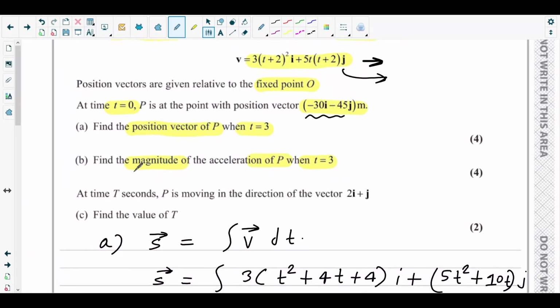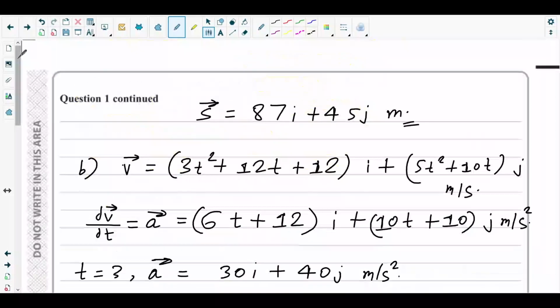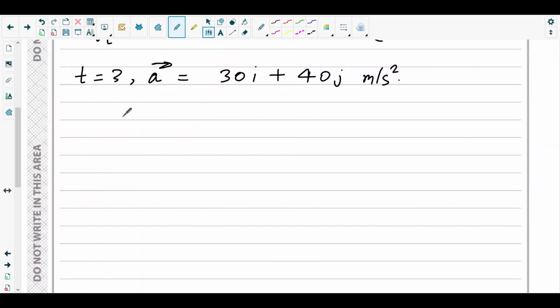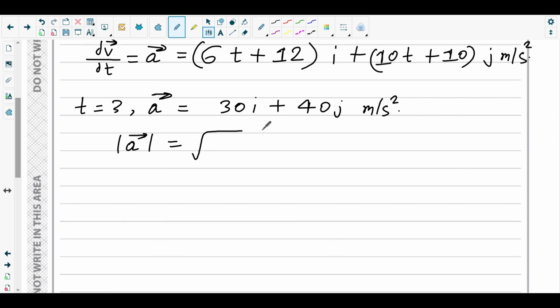Now the question is asking for the magnitude. So magnitude is just finding the modulus of the vector, right? The modulus of the acceleration vector is basically using the Pythagoras theorem: the square root of 30 squared plus 40 squared meters per second squared.